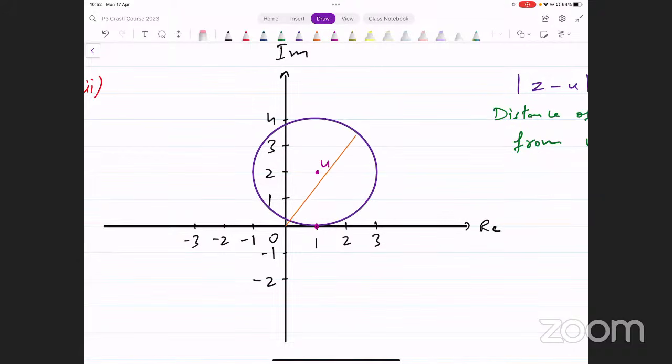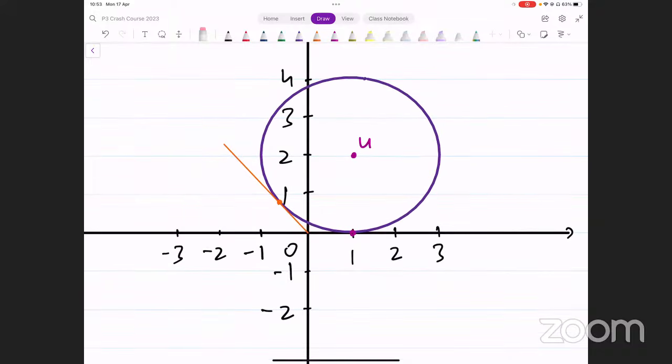The argument will keep increasing and increasing until we reach a point such that the point z is somewhere on the circle such that the line coming from the origin makes a tangent with that point. If point z was here, that would give us the greatest possible angle.